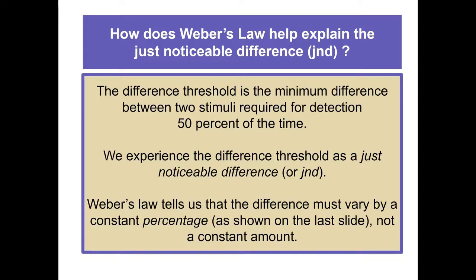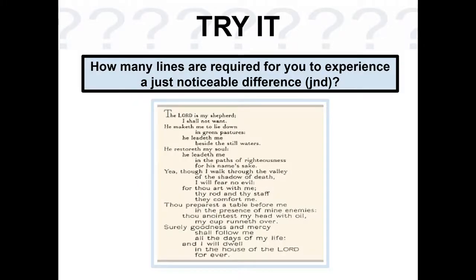Weber's law tells us that the difference must vary by a constant percentage, not by a constant amount. So it's the percentage increase, not a measurable amount increase. And here's the example that's historically always been used.